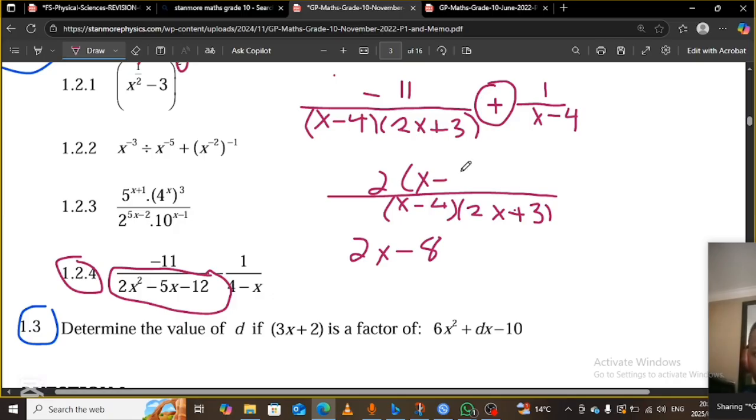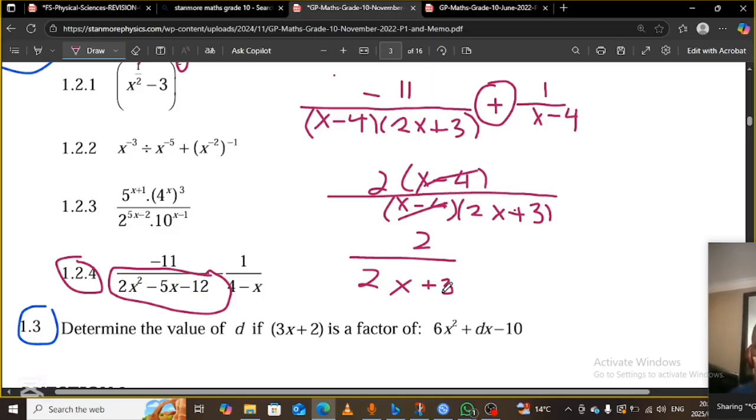Yeah. We can see x minus 4 actually cancels. After cancelling, what is our final answer? 2 over 2x plus 3. This is our final answer, the simplified form.